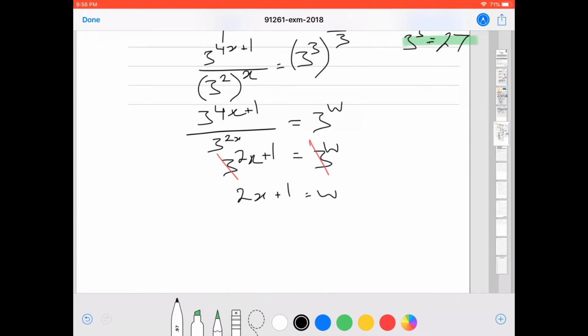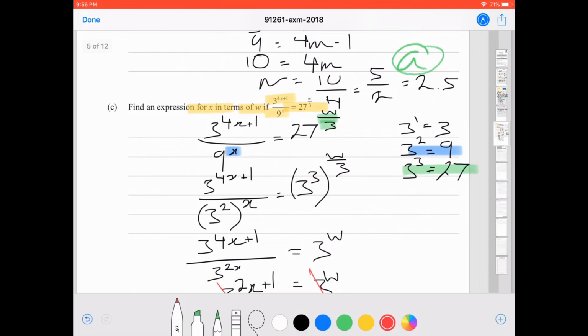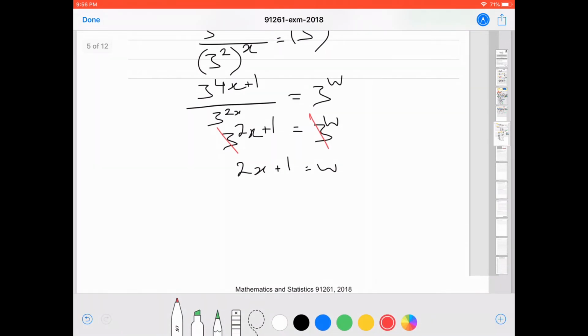And what is the question actually asking us to do here? Find an expression for x in terms of w. We've got an expression for w in terms of x here, so we need to make x the subject. So we can say 2x equals w minus 1, and x equals w minus 1 over 2.